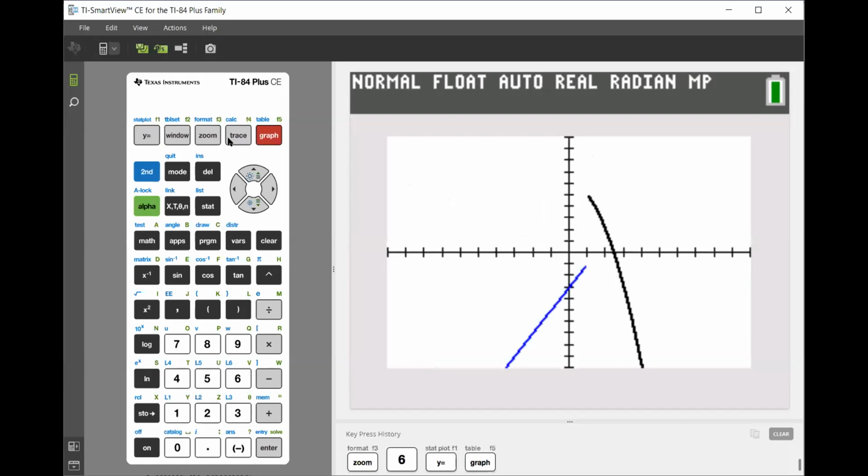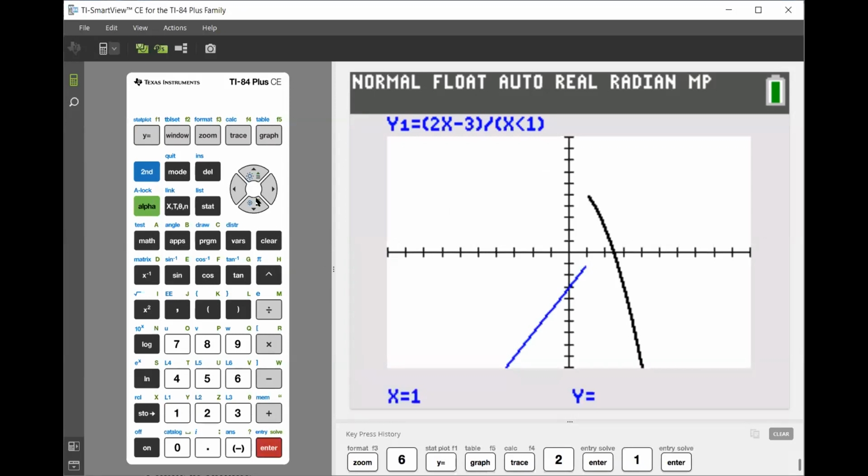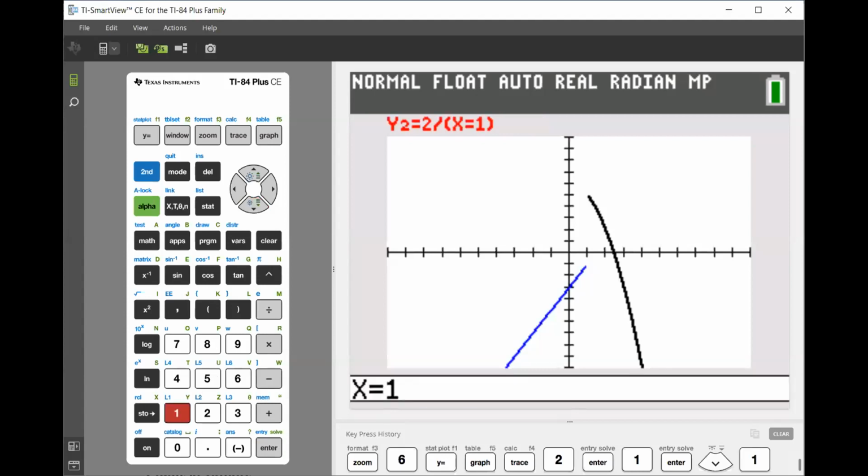In order to see a particular point, you have to be in what's known as a square window. It's really probably not worth going to all that trouble to show you that. But let me just show you, if I press trace and go to where x equals 1, I said this is a lot of trouble.